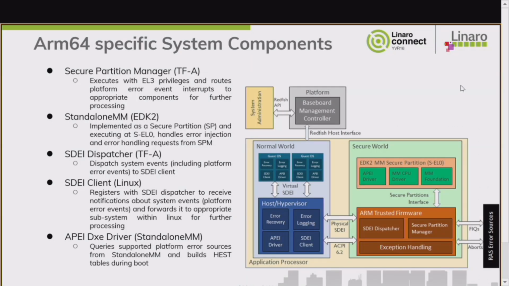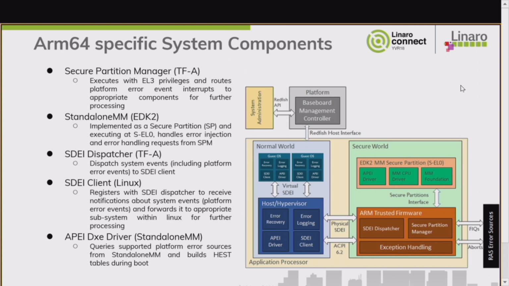Talking specifically about the components used in the RAS error flow, the first one is the Secure Partition Manager. This is a component which is part of the Arm Trusted Firmware, and it primarily acts as a gateway between the non-secure software and the secure partition.